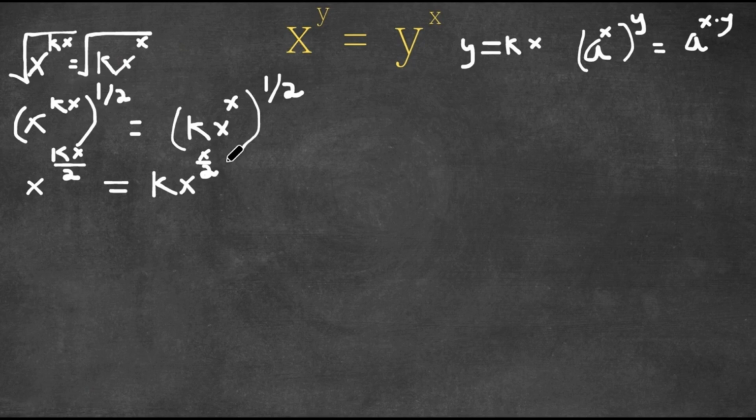Now what I'm going to do is raise both sides to the power of 2 over x. So I'm going to take the power of 2 over x on both sides. And that means that we multiply 2 over x to both exponents.